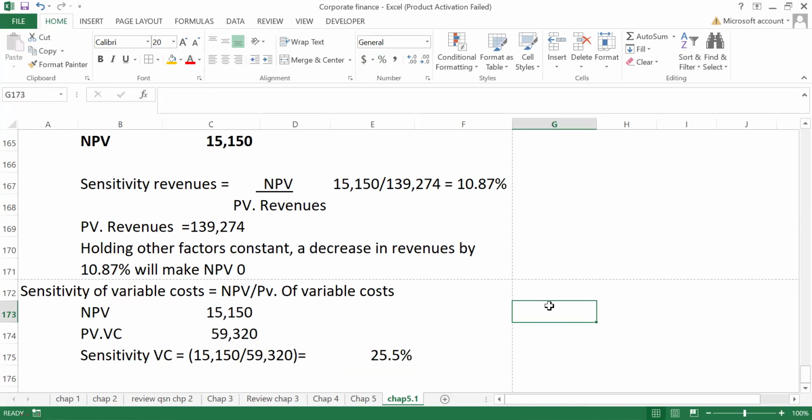Excuse me, come back to revenue sensitivity. Is it if the revenue decreased by 10.87% or by more than 10.87%? If it decreases by more than 10.87%, it becomes negative. But if it is 10.87%, it becomes 0. Okay, that's clear.